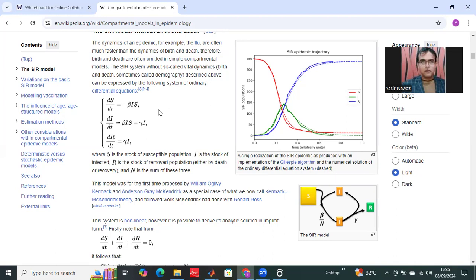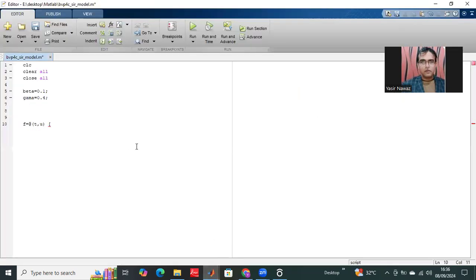All three equations contain only S and I as dependent variables, so these will be represented with u1 and u2. So it's minus beta, I represented as u2 and S represented with u1.